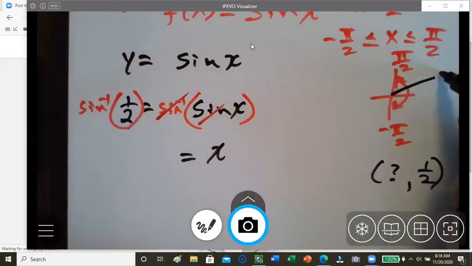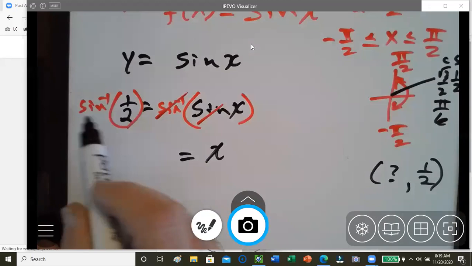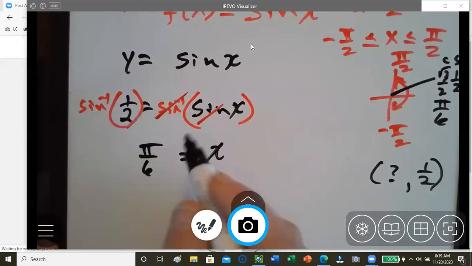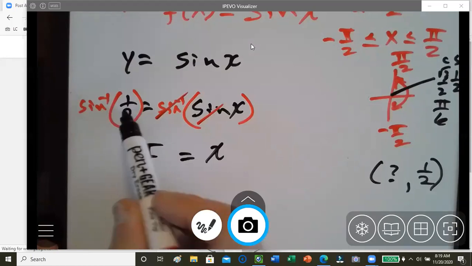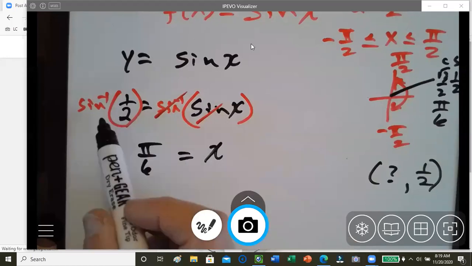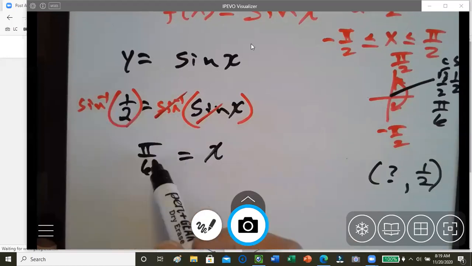Well, if you look at square root 3 over 2 and 1/2 for cosine and sine, that's at pi over 6. So inverse sine of 1/2 is at the angle pi over 6. When we're working with inverse sine, we're given the value and we're looking for the angle.